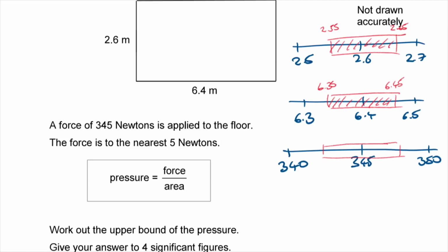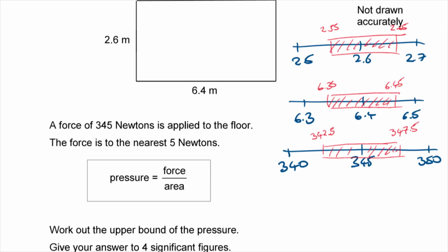So halfway between 340 and 345 is 342.5, that's the lower bound, and 347.5 for the upper bound. Okay, they're the ones that round to 345. Okay, so now I've got all my maximum and minimum possible values.